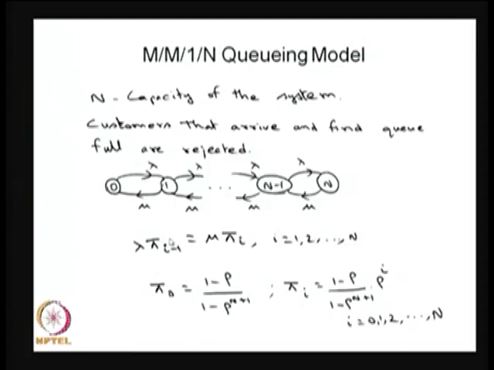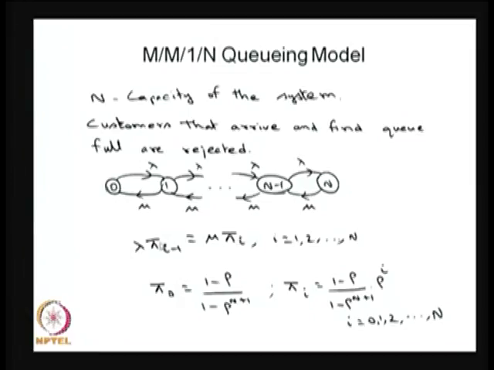Therefore, one can use the time reversible property of a birth-death process, so you can find the pi_i's easily using the time reversible equation itself. You don't need to use pi Q equal to 0. Instead, you can write the time reversible equation, since it is satisfied by all the states.